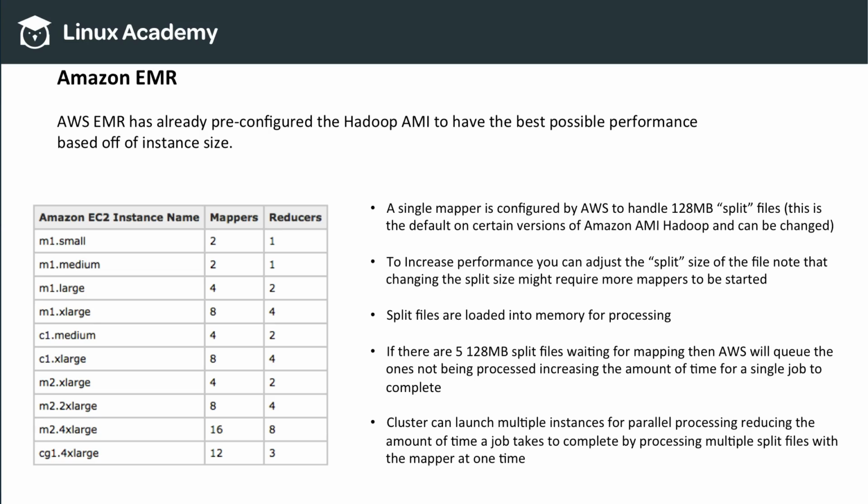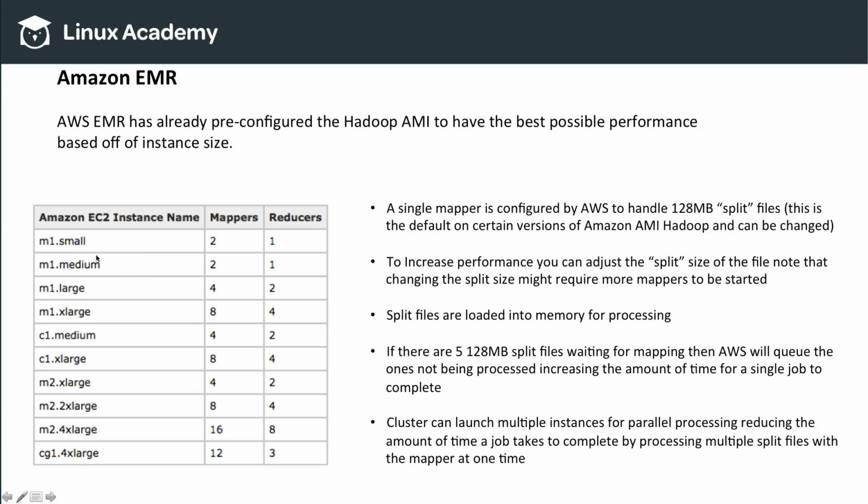So as I mentioned before, AWS EMR has already pre-configured the Hadoop AMI to have the best possible performance based off instance size. Technically speaking, you can change the number of mappers. If we were to change the number of mappers on an M1 small, we might not have enough memory, and that would decrease our performance, increasing our job runtime.